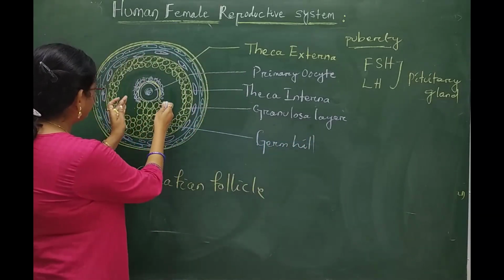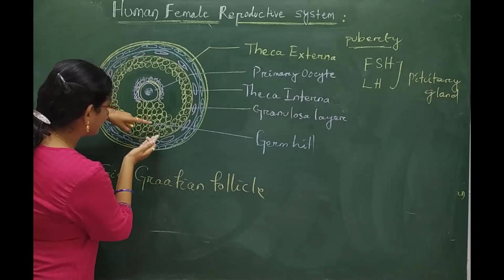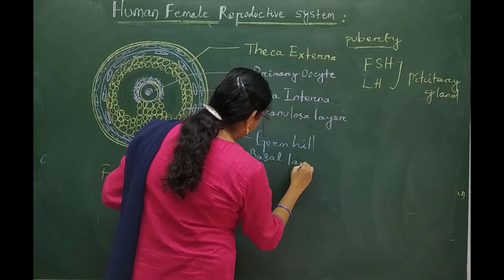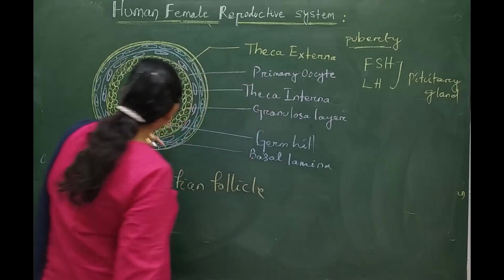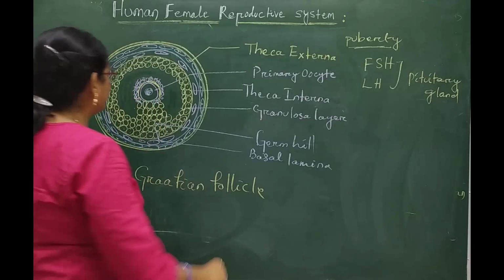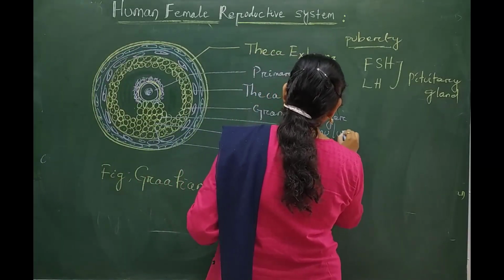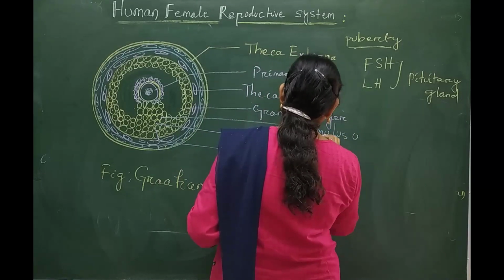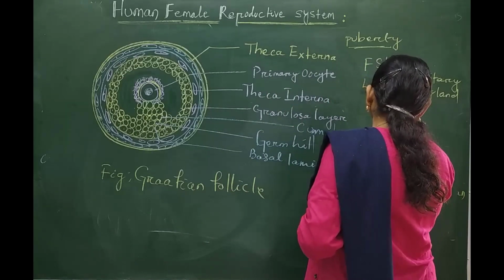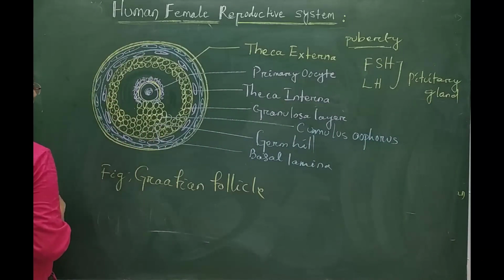and this structure which connects the germ hill, from the basal lamina, with that of the primary follicle, is called cumulus oophorus.